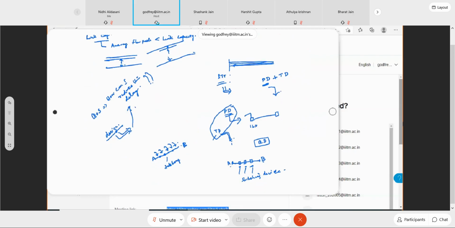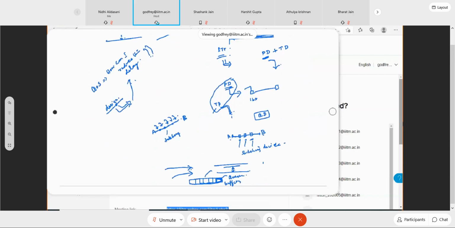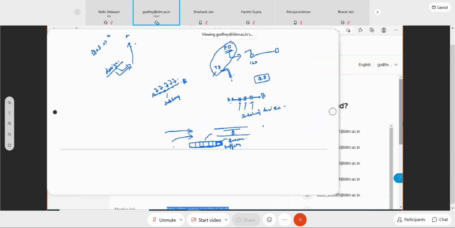Then the other important factor is what happens if the delay becomes very high. Say this link is dependent on these two links, right?